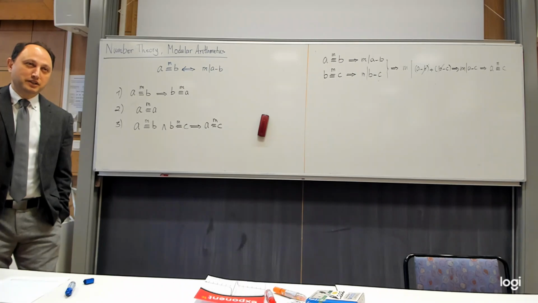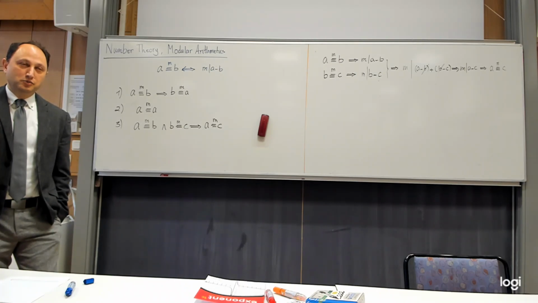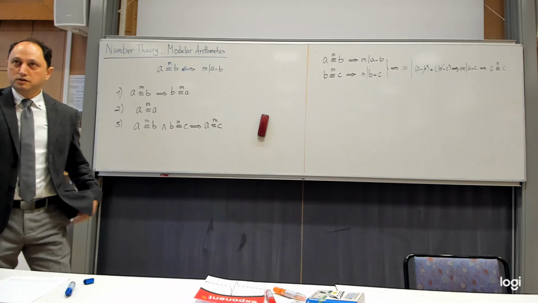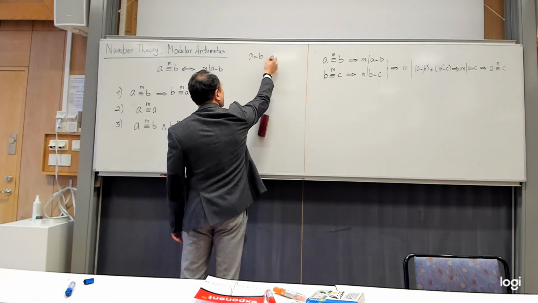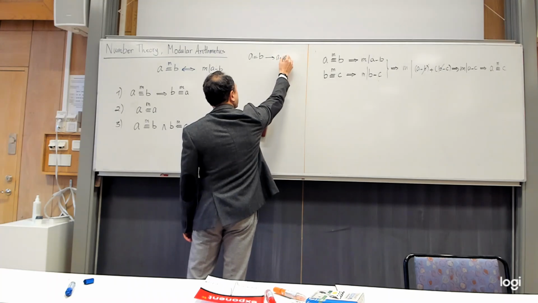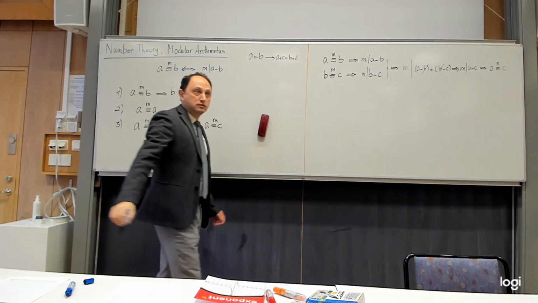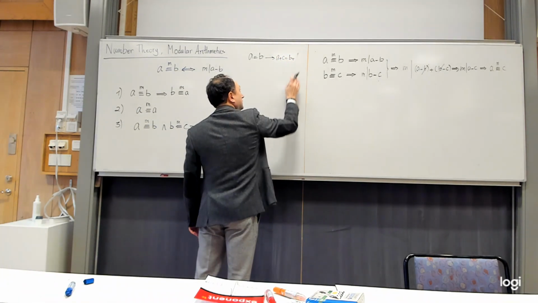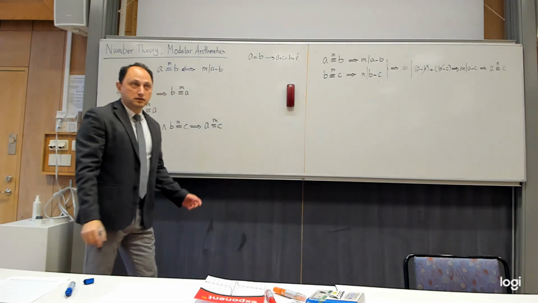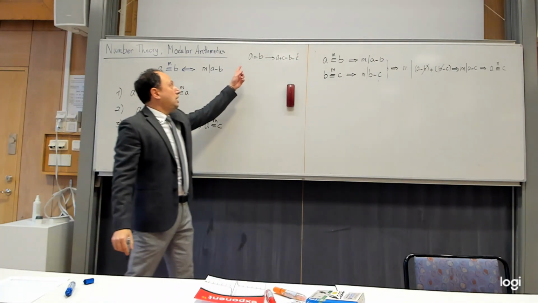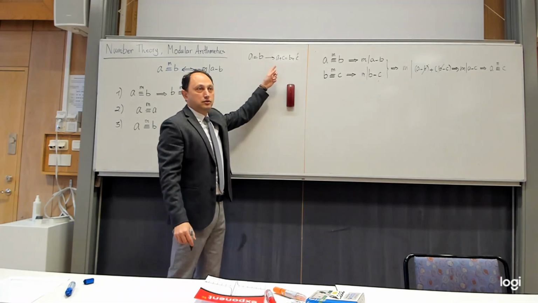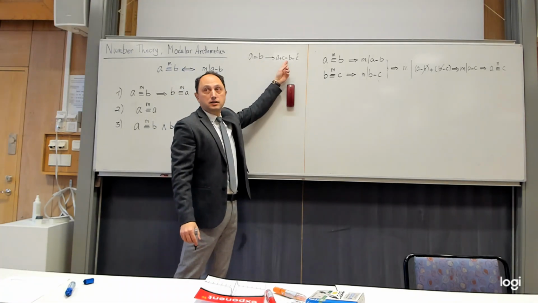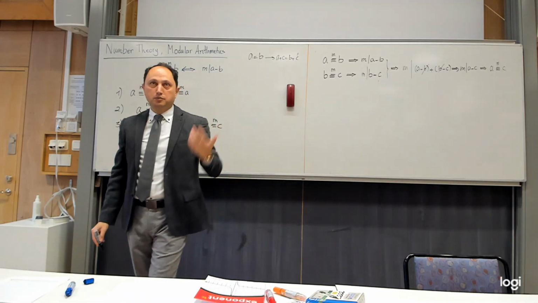Before multiplication, addition. Yes, that's better if I want to keep the order. Exactly. So if A is equal to B, can I conclude A plus C is equal to B plus C? If I know that two numbers are the same, I can add the same number to the left and to the right, and I am still sure that this equality is true. So that's one property.